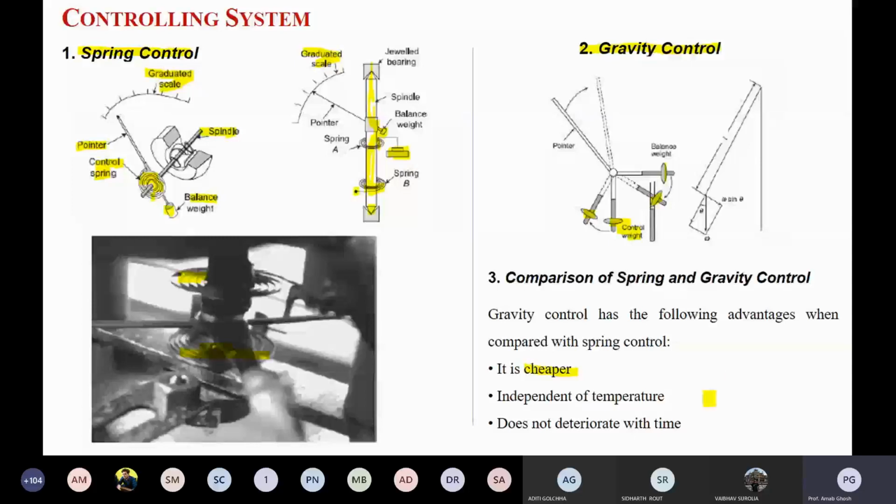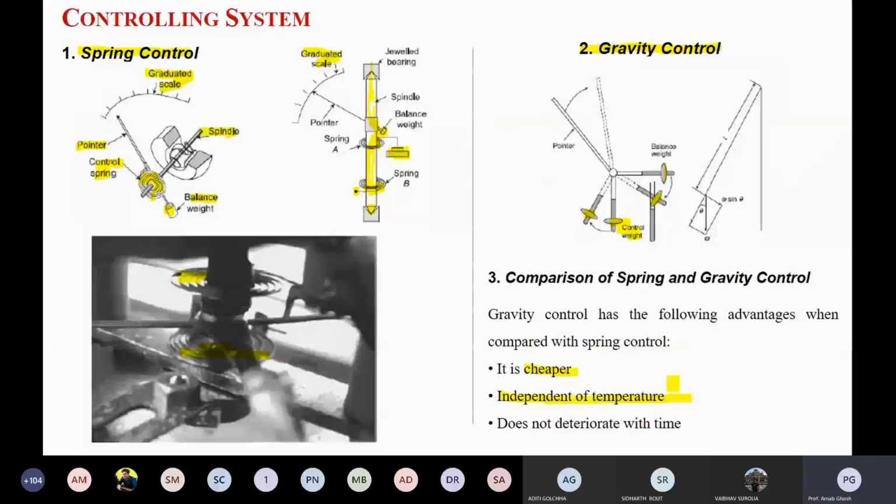It is also independent of the temperature. In case of spring, what happens? It has a positive temperature coefficient. If the temperature increases, the current flowing through the spring also varies, which may cause the resistance to change with time. But in case of balance weight, there is no need to carry current through the balance weight, so it will be time invariant.